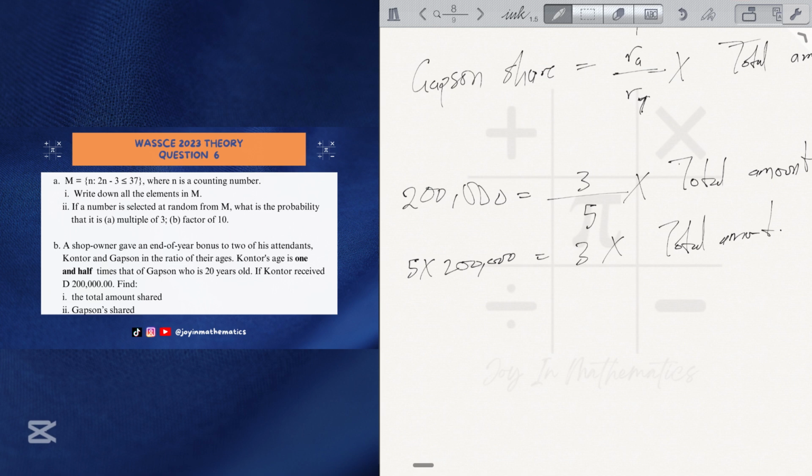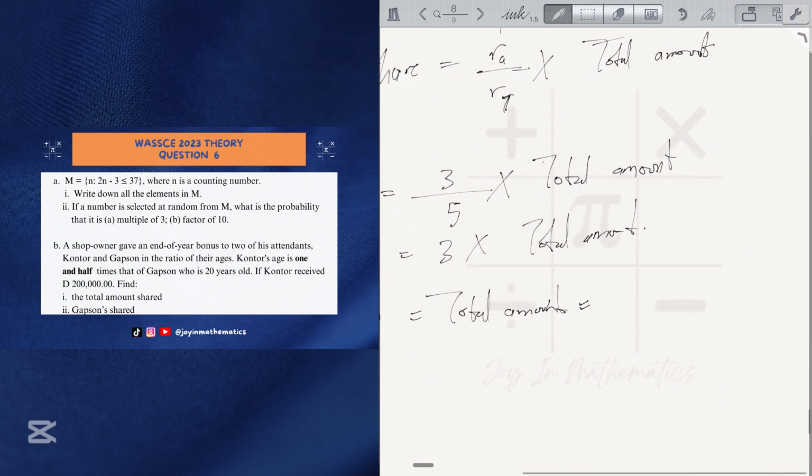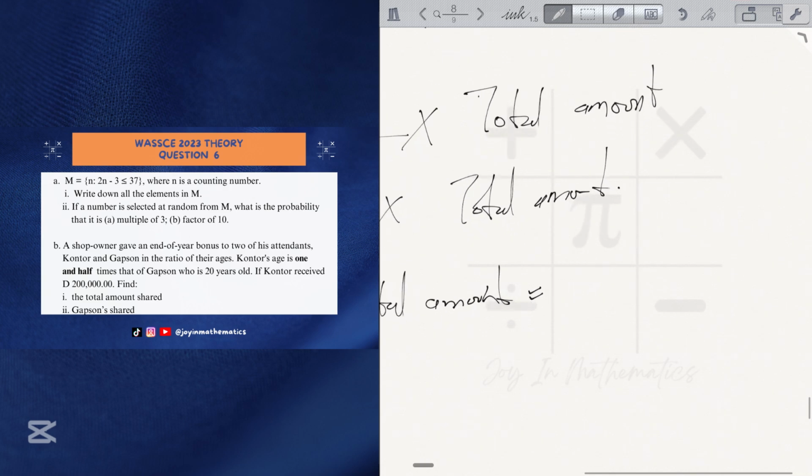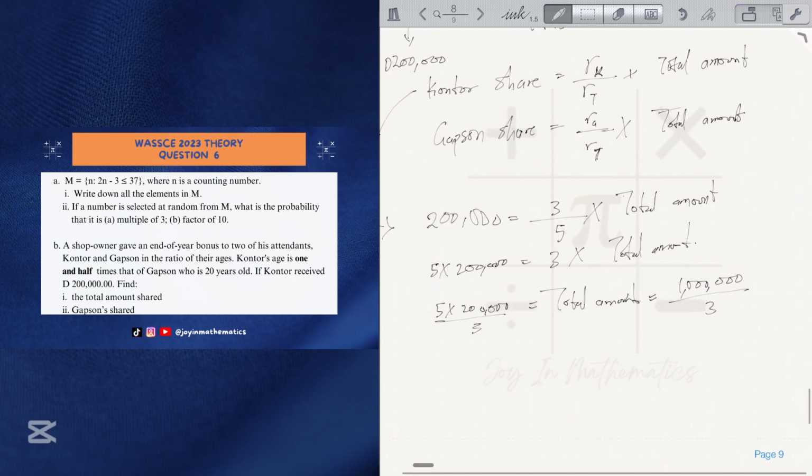So the total amount now will be equal to 5 multiplied by 200,000 divided by 3, which, if you simplify this, we will have 1,000,000 divided by 3.